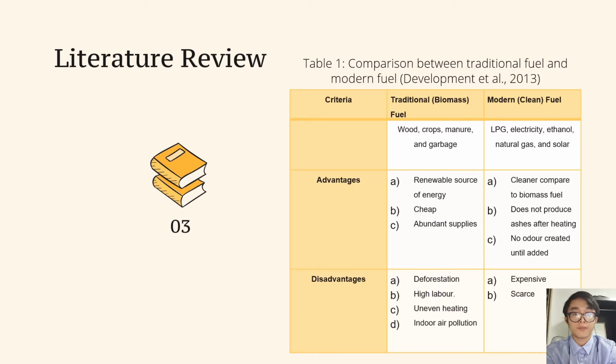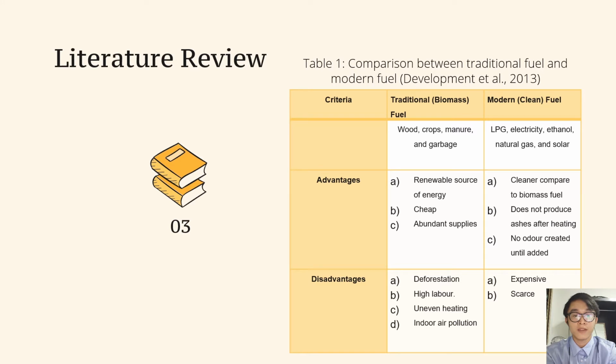There are two types of fuel in today's market, which are traditional fuel and modern fuel. So this is the table for comparison between traditional fuel and modern fuel. Traditional or biomass fuel consists of wood, crop, manure, and garbage. The advantage of using this fuel is it is a renewable source of energy, cheap, and abundant in supply.